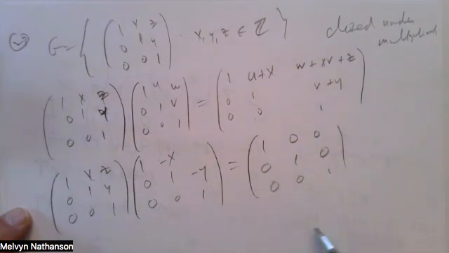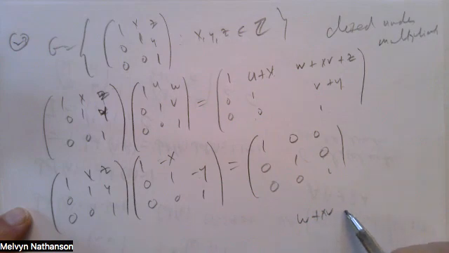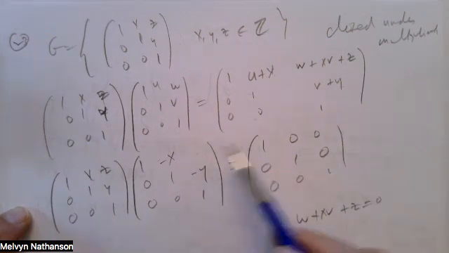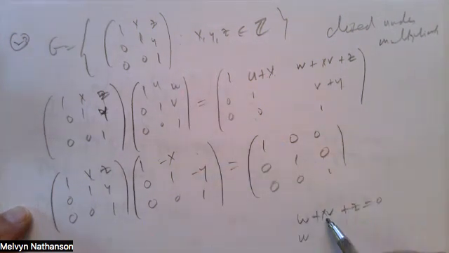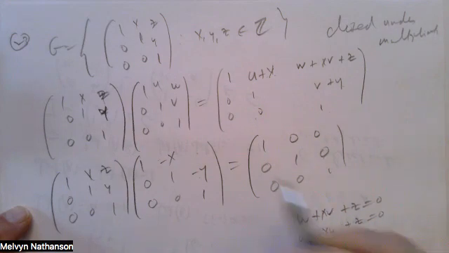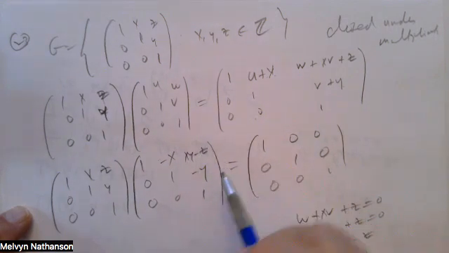And for w plus xv plus z to equal 0, with v equal to minus y, what does w have to be? X times v is minus xy, plus z equals 0. So w has to equal xy minus z. So I put xy minus z there.